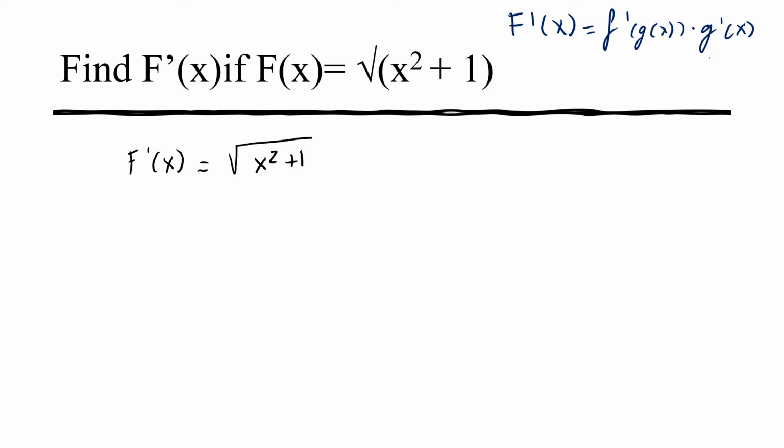So we normally would just go on with this problem, but because it's the chain rule, we take this in the middle and we'll change it to u. And then we'll have to multiply over here g of x squared plus 1. So we're going to have to find the derivative of that.